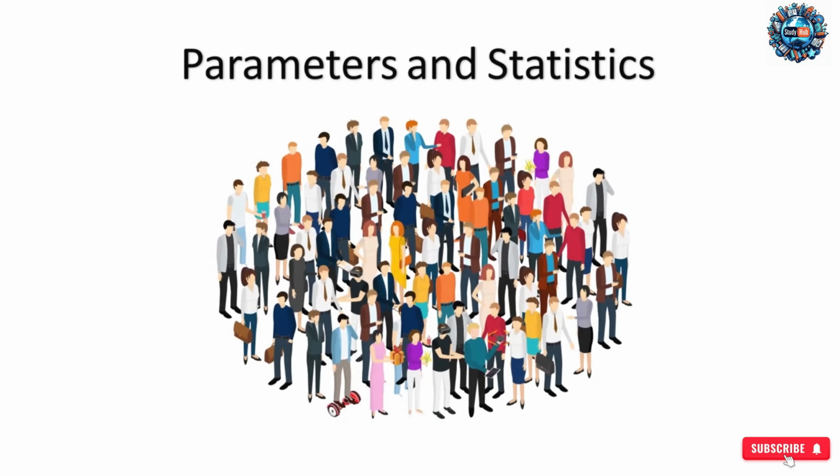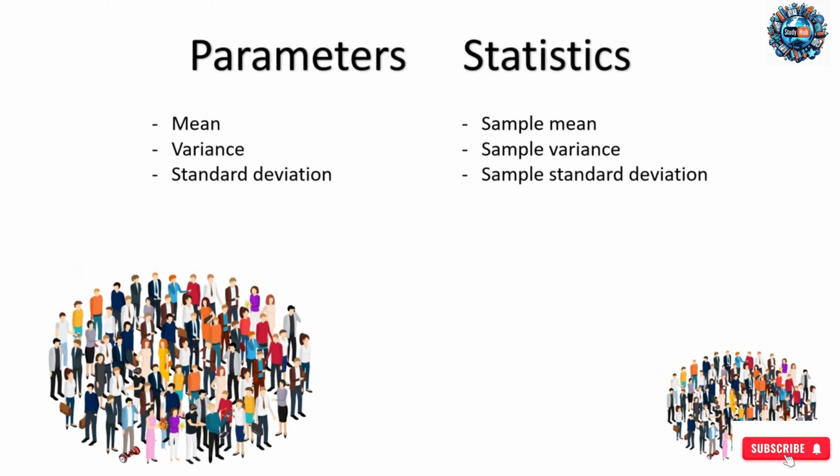Besides population and sample, there is another pair of concepts, parameter and statistic, which are very important in characterizing population and sample. Parameter is a characteristic or summary number of population. Statistic is a characteristic or summary number of sample. For example, mean, variance, standard deviation of population are characteristics of population.